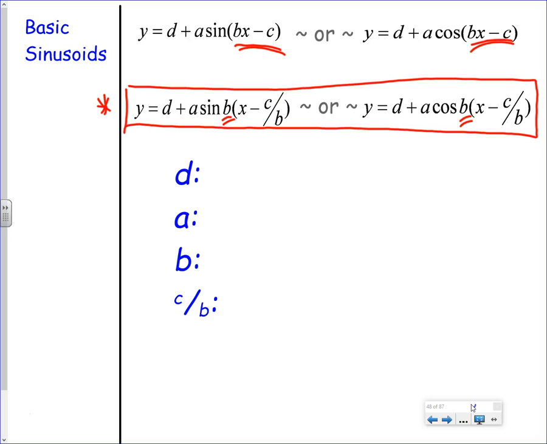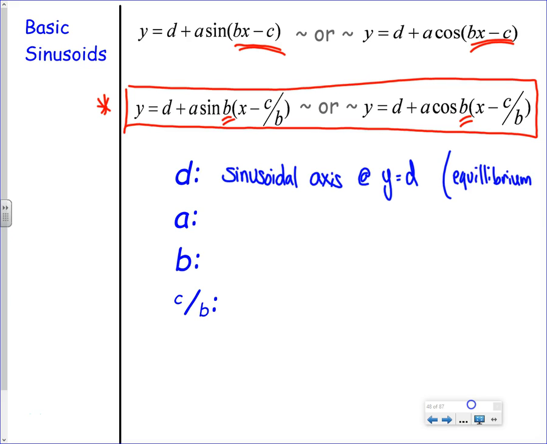So let me go ahead and give you some of these clue words that we're going to try to use to help us work with these waves. D, mathematically speaking, is called the sinusoidal axis. The sinusoidal axis is the same thing as equilibrium, meaning if the water was perfectly still.